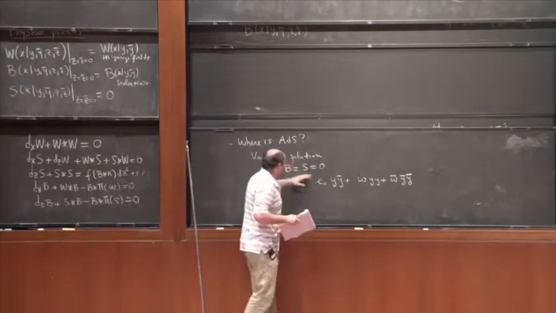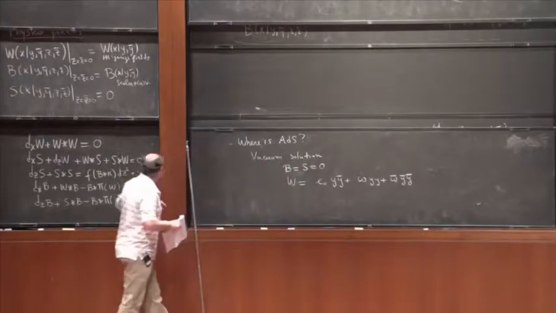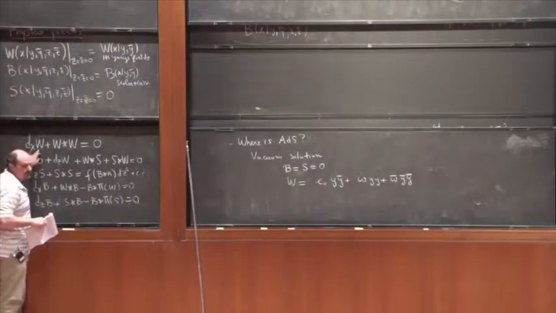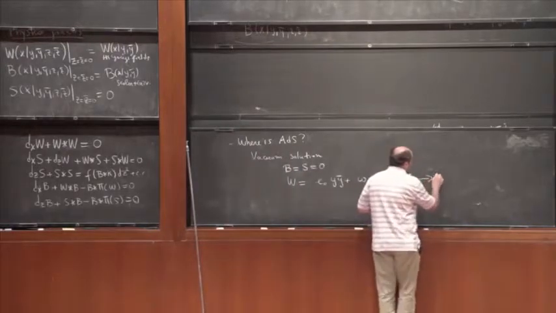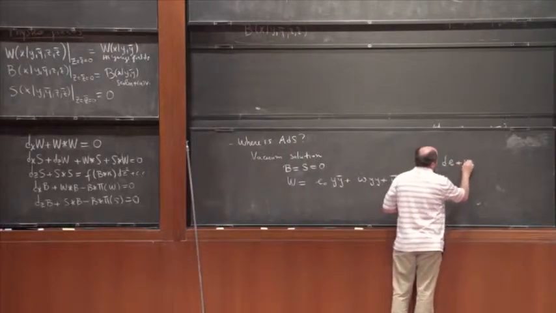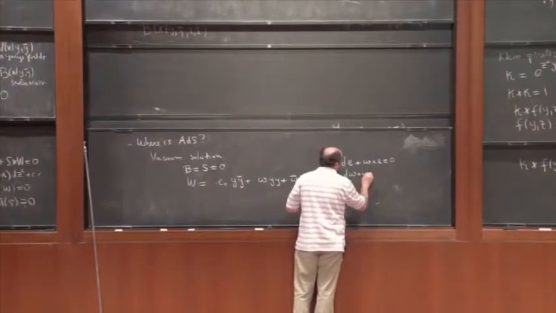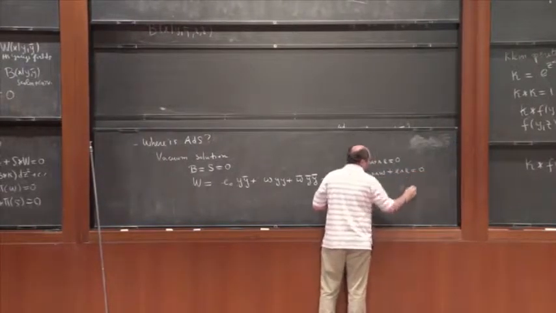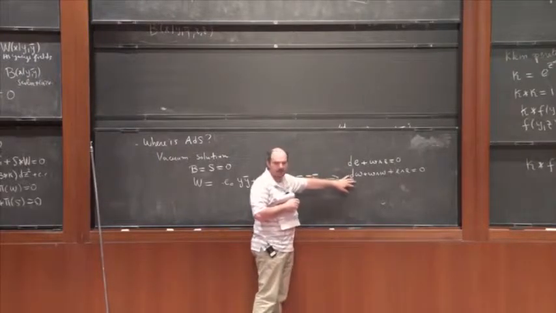So if you take this ansatz where B and S are 0 and W is just a bilinear, and plug it into those nonlinear equations, of course, everything becomes trivial except the first one. And the first one just gives you that dE plus omega wedge E is equal to 0, and d omega plus omega wedge omega plus E wedge E is equal to 0. Okay? So this is vanishing of torsion, and this is the equation that describes the AdS solution.